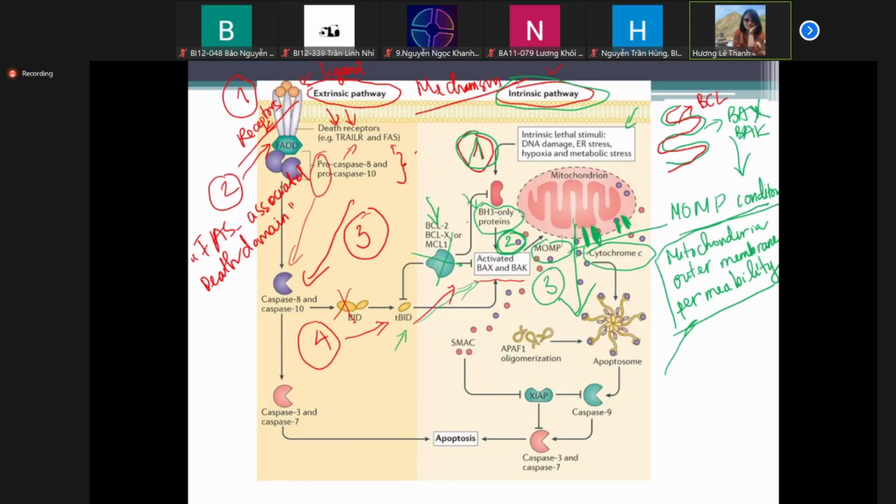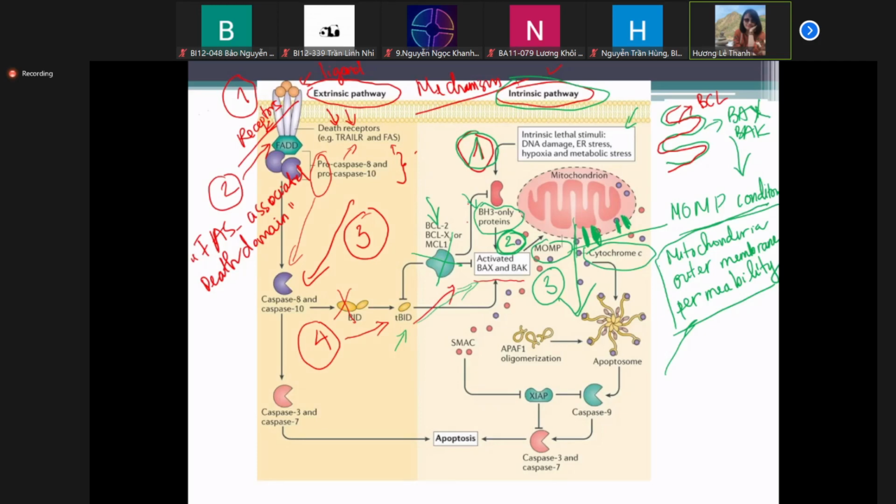And in step number 4, under normal circumstances, cytochrome C plays a key role in the mitochondrial electron transport chain. But when it escapes the mitochondria, it acts as a signaling molecule in the cell cytoplasm.